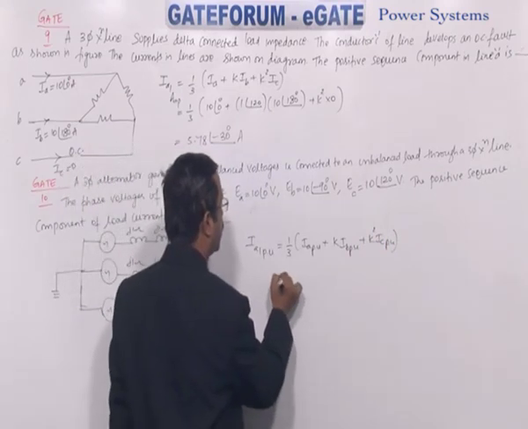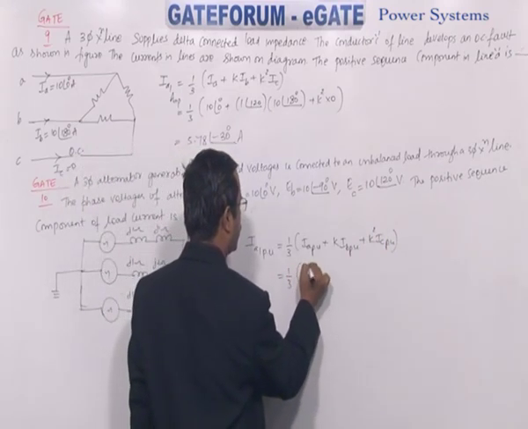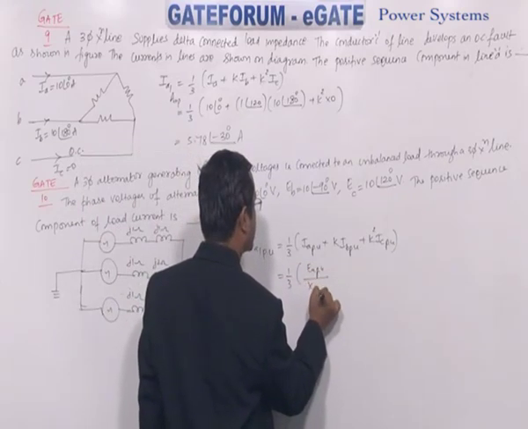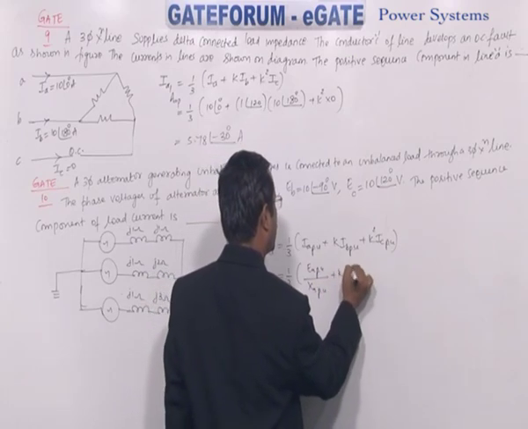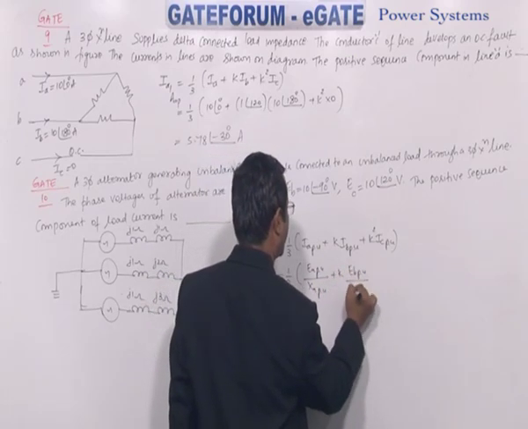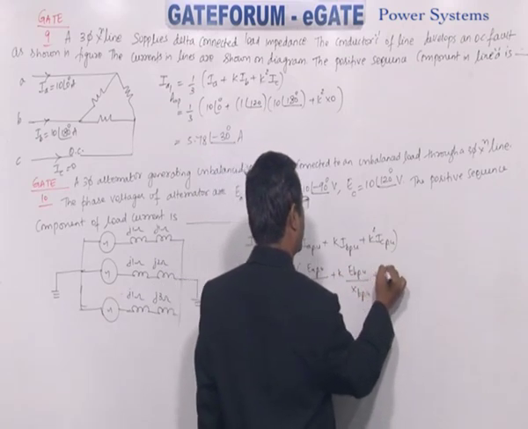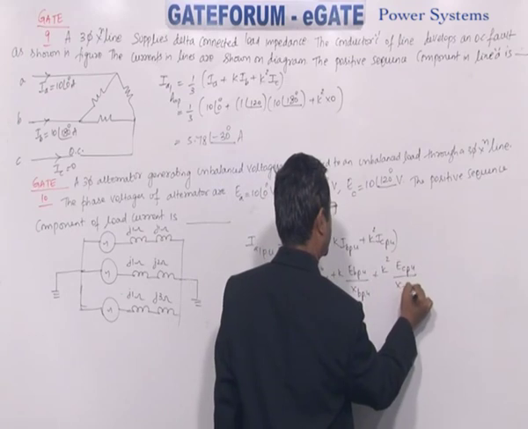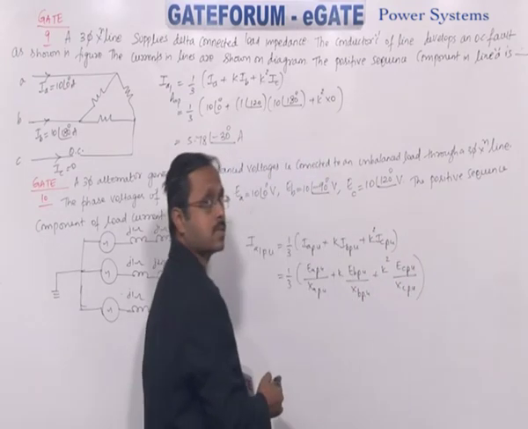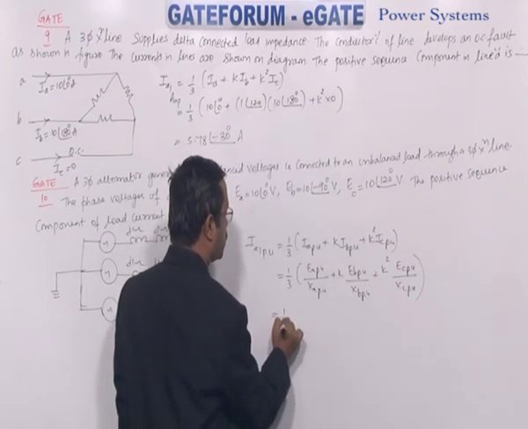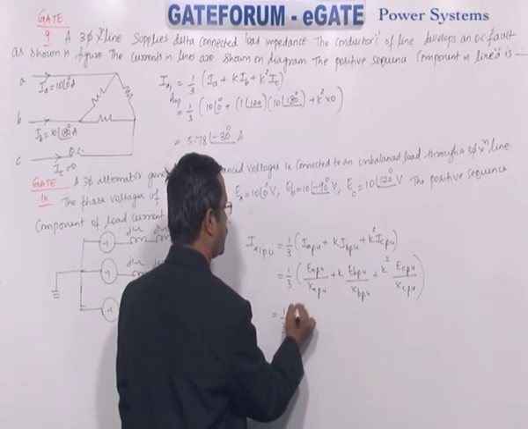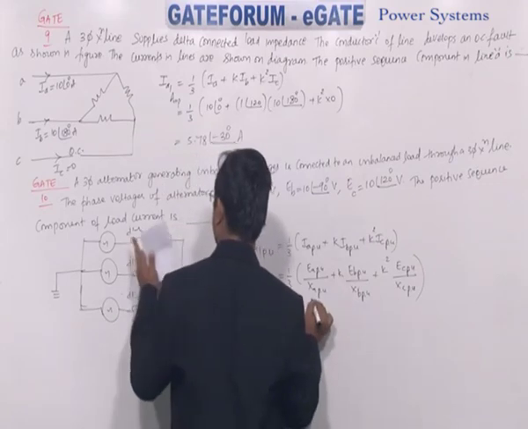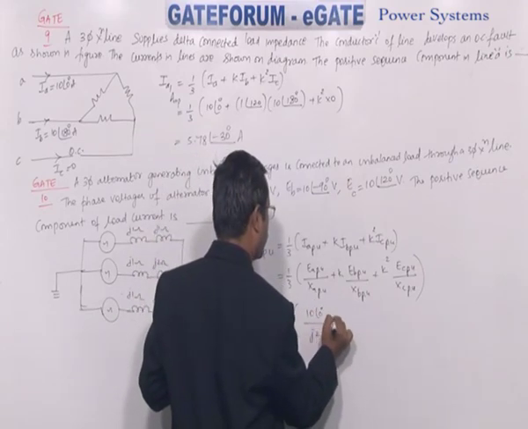But how to write this IA? You write it as EA by the corresponding reactance. Similarly, EB by the corresponding reactance, and EC by the corresponding reactance. So now you substitute the values. EA is 10 at angle 0, total reactance j2.